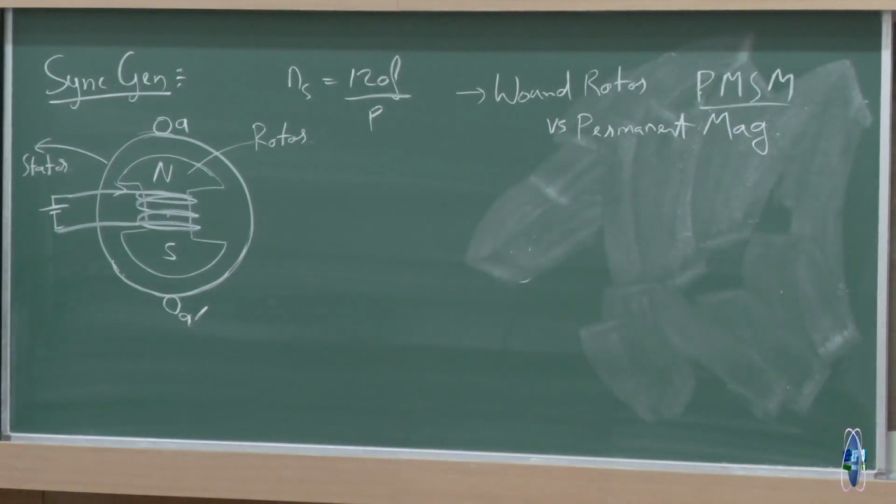Wound means there is a winding, maybe DC, maybe AC. In this case, we give DC, of course. In the induction motor, we had a wound rotor where we were giving AC through slip rings. So wound means it's wound, that's it.